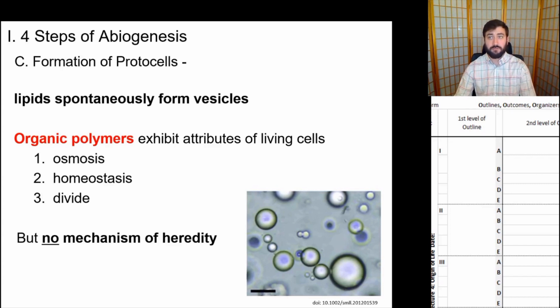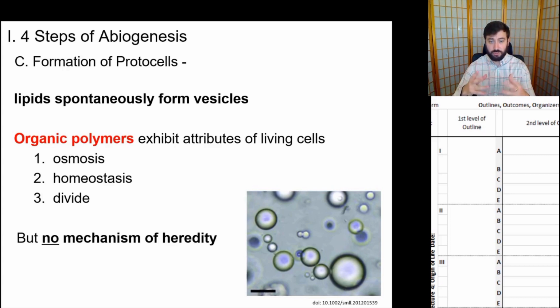They'll automatically form vesicles. A vesicle is basically a kind of bubble that separates the outside from the inside. And so this will actually happen, and you'll form a kind of protocell, right?